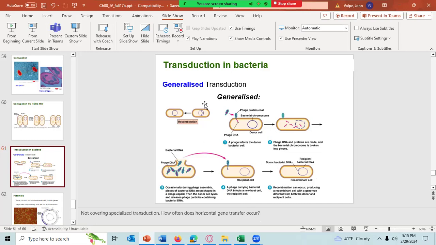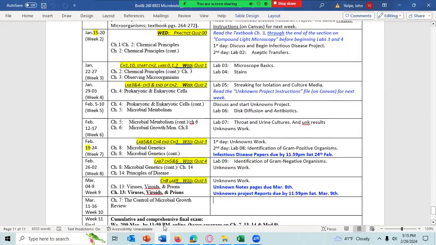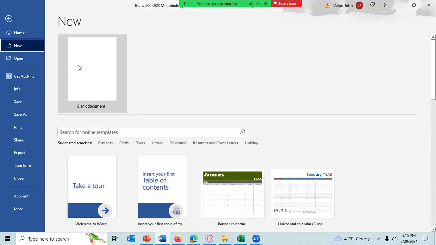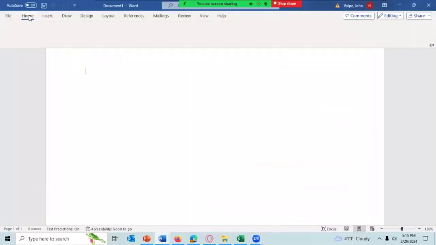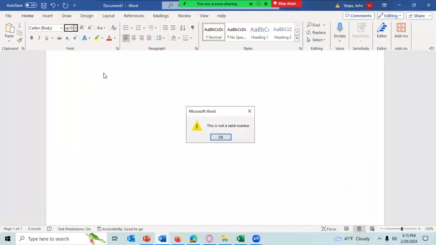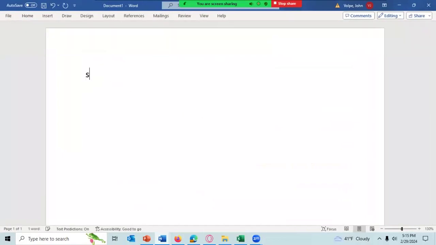All right, so those are the three ways that pre-existing genetic information can be spread around in a population. The importance of all of them is, if the genetic information does not occur in the population, there's no way it can spread around.